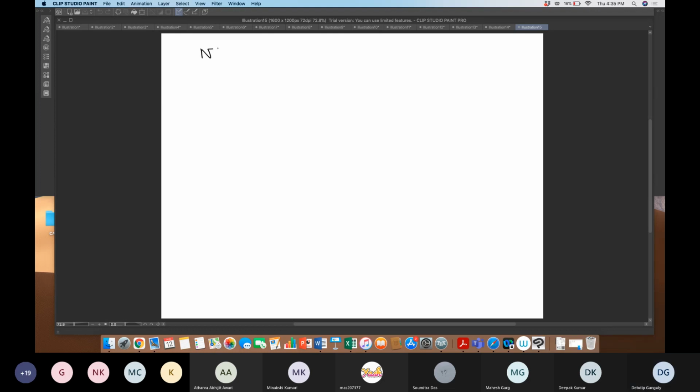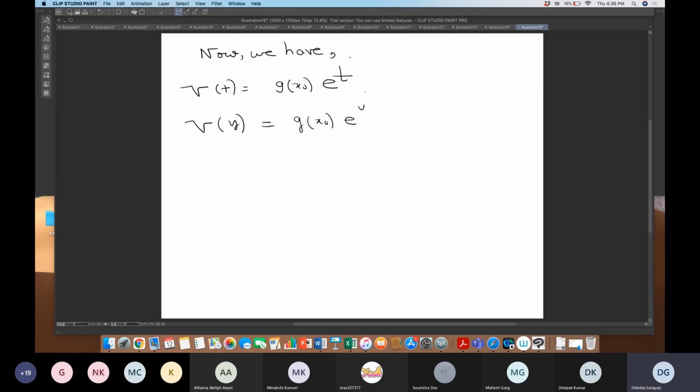Now we have V t. We know that V t equals g of x naught into e to the power t. Now V of y, because I have to write t in terms of x and y, is g of x naught e to the power y. And what is V of y? V of y is u of gamma of y.